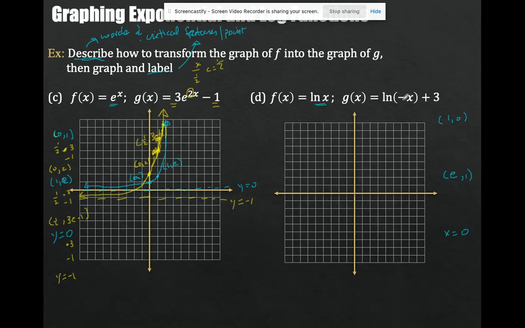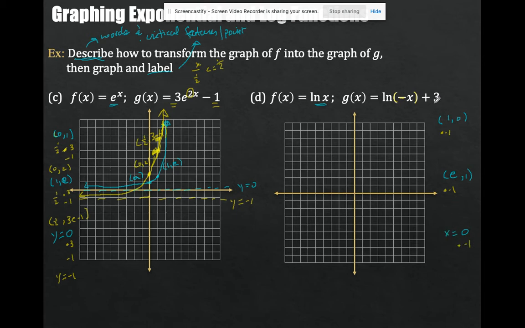And I'm going to say what happened to everything, right? So inside the argument, I'm inside log. Before I apply the function, I negate every x. That's an x, right?